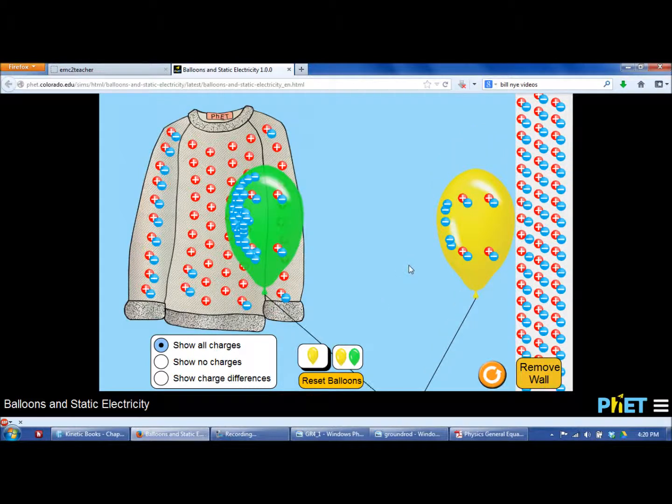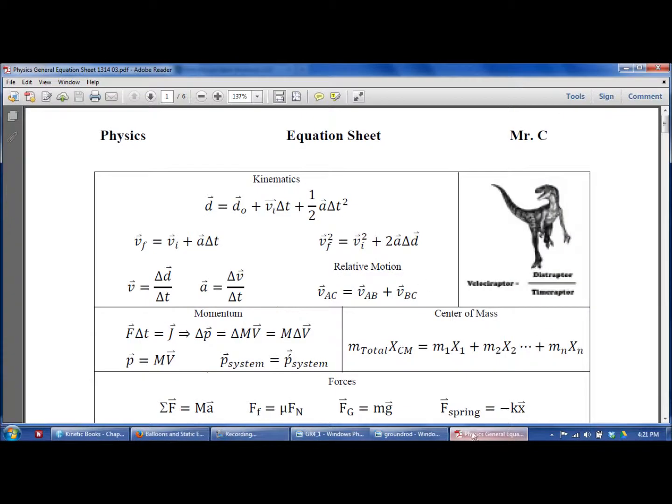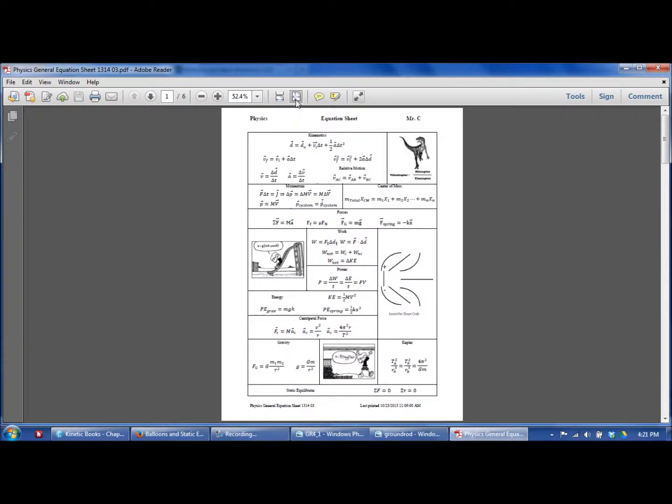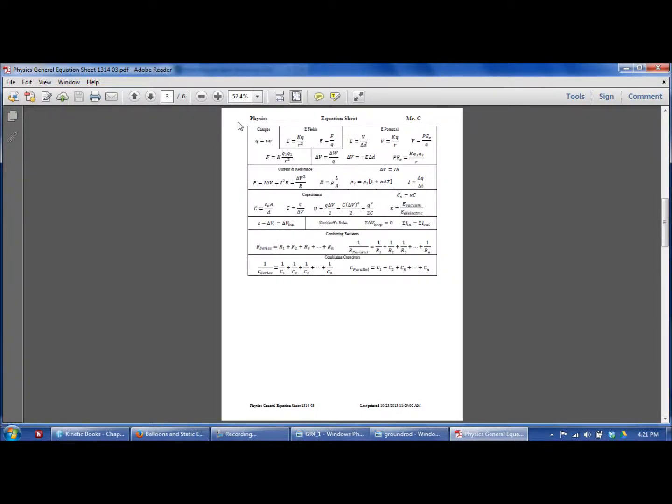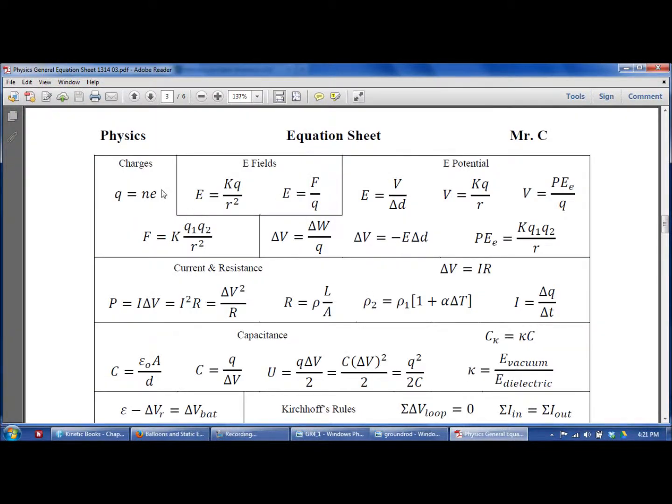All right. The last thing I wanted to talk about is the actual value of our electrostatic force. So here's our equation sheet, and we're done with the first two pages. We're here on page 3, and this little section is about charges.